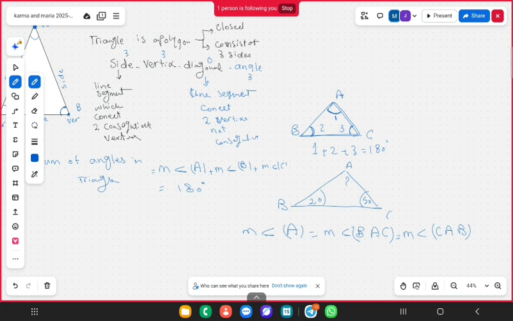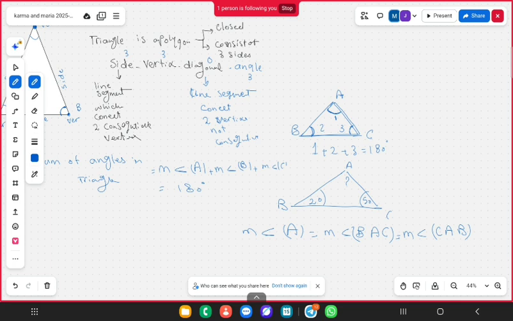Here, if I want you to get it, how could you get it? I will say, you told me that the sum of all the angles equals 180. So if I add angle B and angle C, it will give me 70. 20 plus 50 equals 70.